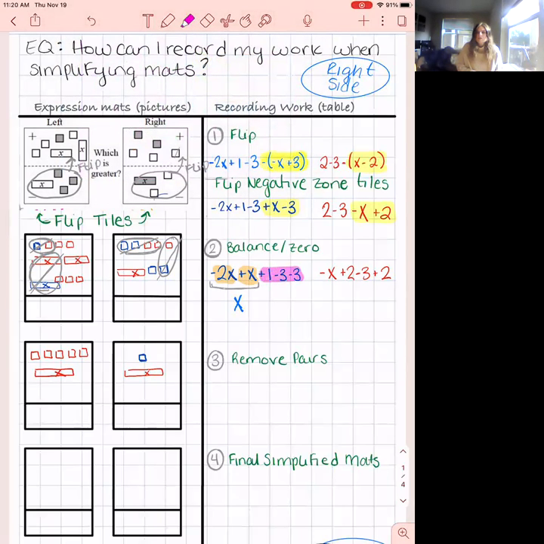These can all be combined together. So I have plus 1 minus 3 minus 3. 1 minus 3 is negative 2. Minus 3 more is negative 5. So x minus 5. That came from here.